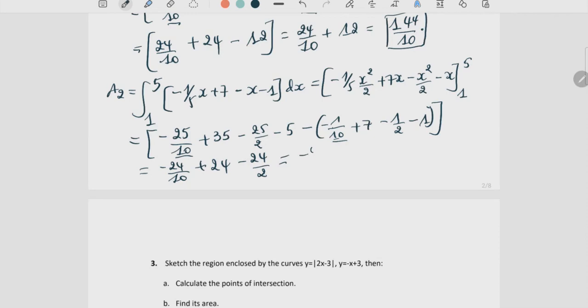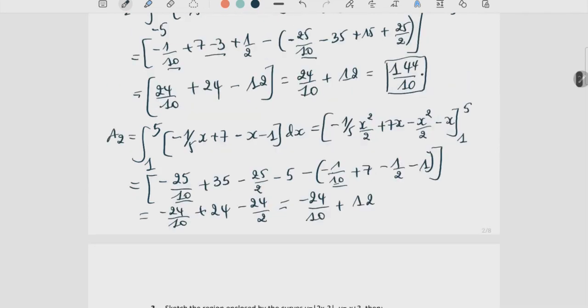So we have negative 24 over 10 plus 12, which when we add up to the previous area, I'll just leave it like that, and then just say that the total area now, which is A1 plus A2, as you can see, if you add this to that, you'll just have 24.